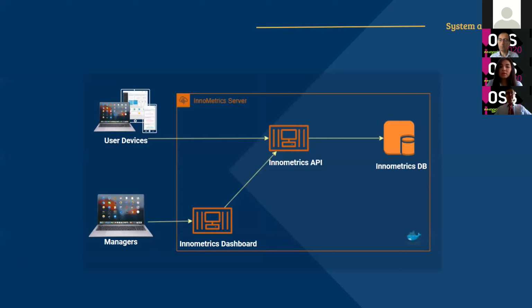Here you see the main physical view of the system architecture, where we have main components like user devices. They will be tracked by the data collection components. Mainly, these are the collectors for different types of operating systems. Particularly, we'll talk about the macOS collector today.